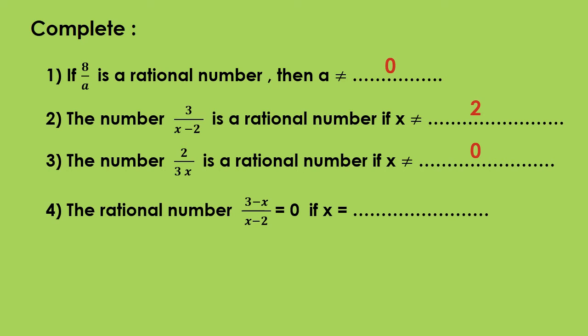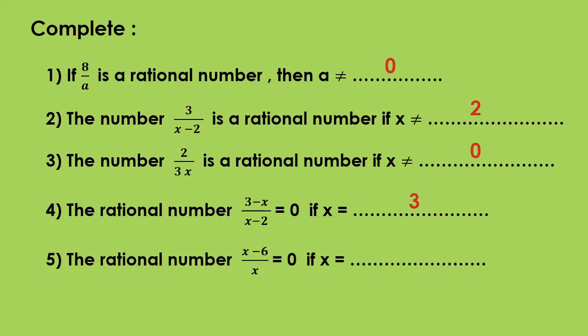Here we have a rational number equals 0. When does the rational number equal 0? When the numerator equals 0. In this exercise, you will solve the equation in the numerator. 3 minus x equals 0. So here x equals 3.